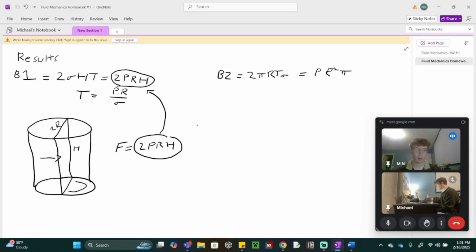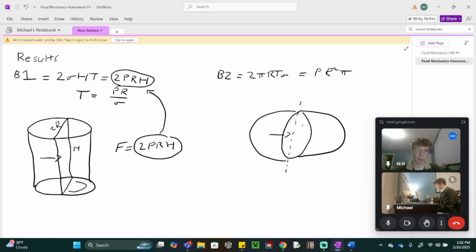Now the same can be used for B2 for our spherical tank. So let's draw that out. We have our two hemispheres, and we're going to cut the two hemispheres with a plane right through the middle, creating this circular area. And we have our pressure force acting perpendicular to this area. This area would be pi r squared.